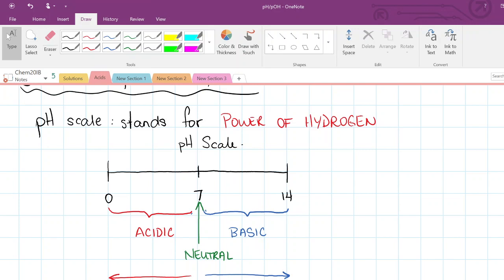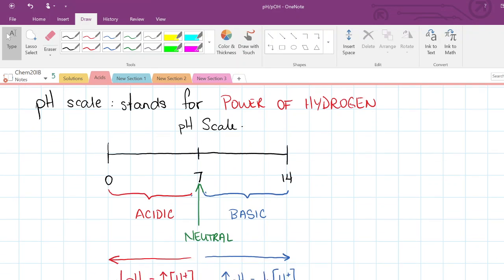Okay. And the things to note on the pH scale is that the lower your pH, the more acidic your solution. The higher your pH, the more basic your solution. And if you're right smack dab in the middle, you've got a neutral solution. Okay. Now, note that we're measuring power of hydrogen. So as we move down, your concentration of hydrogen will increase because your solution is becoming more and more acidic.